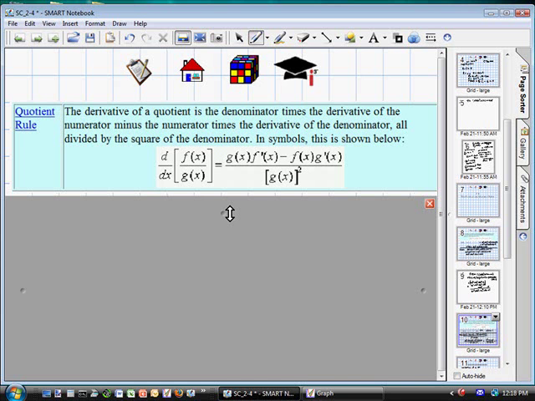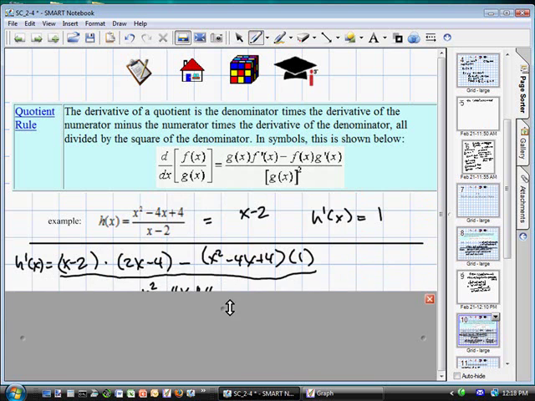Denominator times derivative of numerator minus numerator times derivative of denominator. And that whole thing is over denominator squared. Okay, that's the quotient rule, and I'm going to have to demonstrate it for you next time.